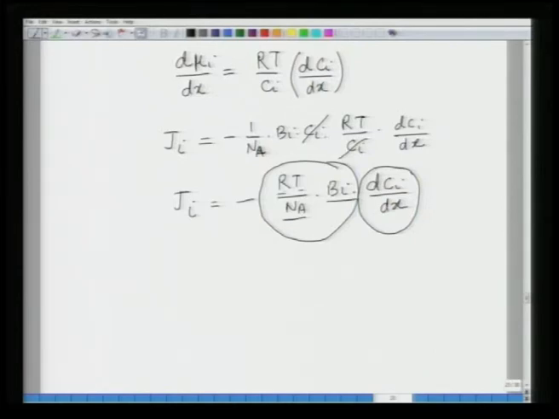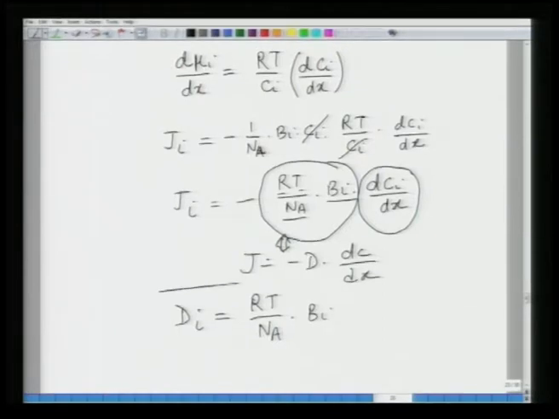This has the form of J is equal to minus D dC by dx. If you now compare these two, what you can find is Di is equal to RT by Na multiplied by Bi, and this is a relation between diffusivity and mobility.